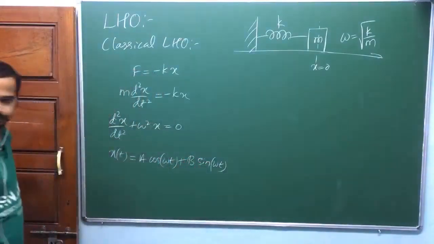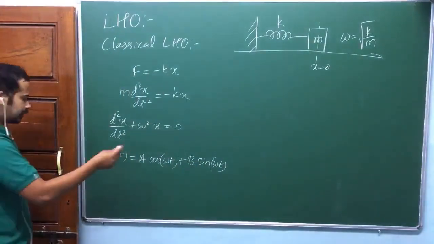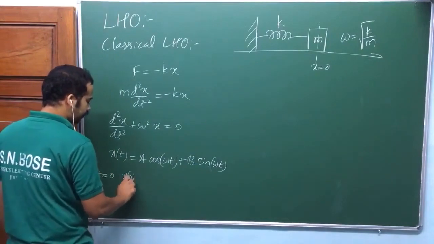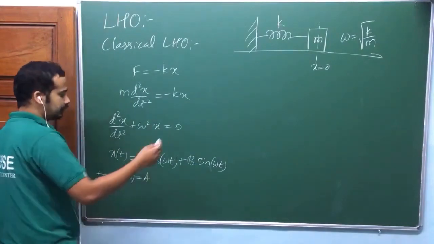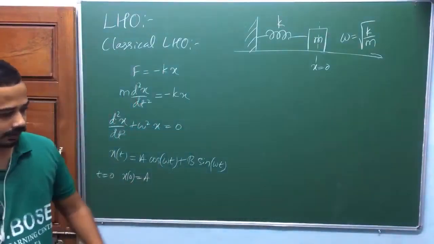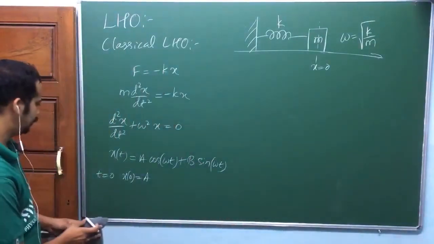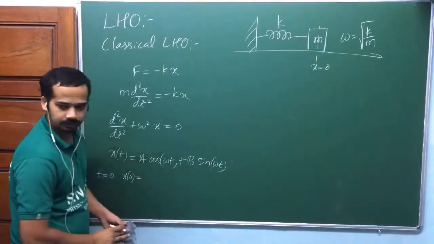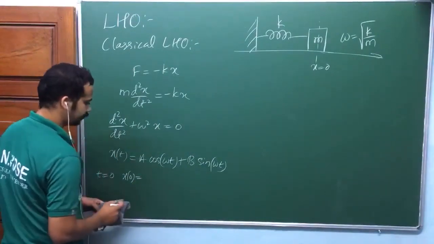Then I take some initial condition, that at t equal to 0, x of 0 is equal to x naught.